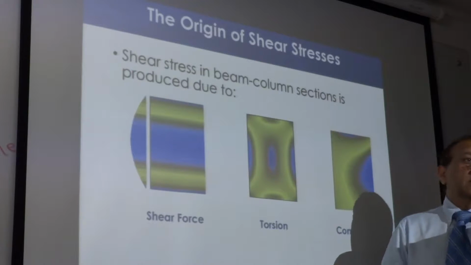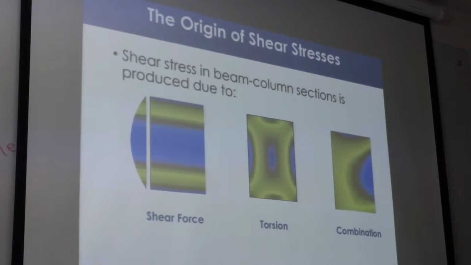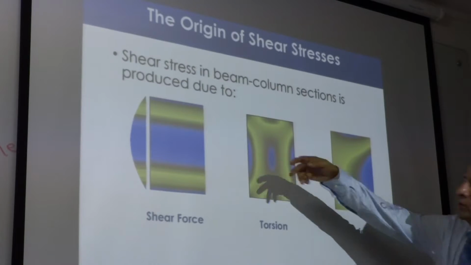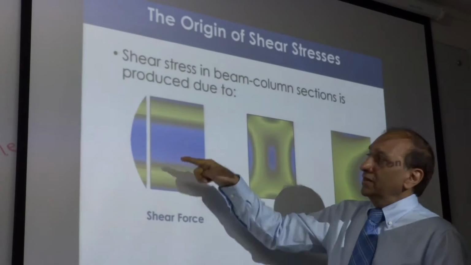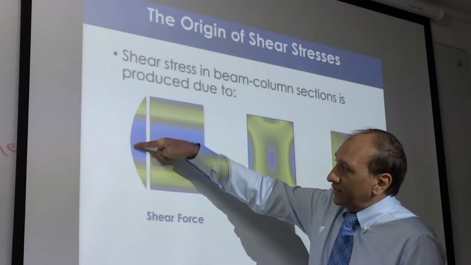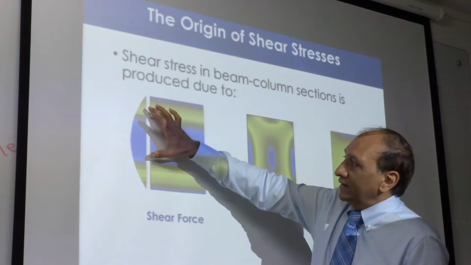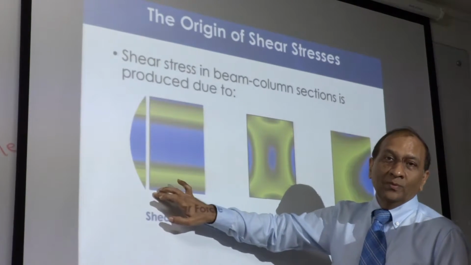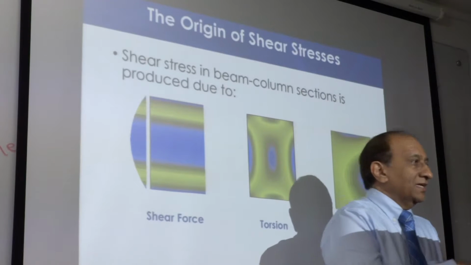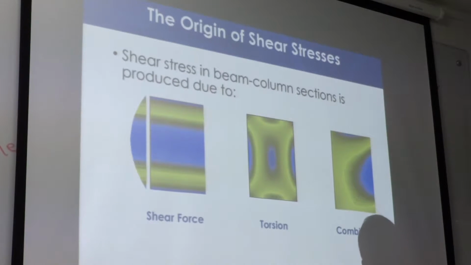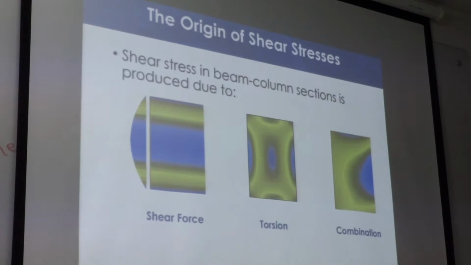So shear is what we do when we cut something exactly at a section, at a plane, without causing any other stresses. If you apply pure shear and try to cut the section like this, it will develop stresses in this manner. Stress will be 0 here, maximum in the middle, and then go back to 0 here. That means the section's resistance to shear will come from the middle of the section, not at the top, not at the bottom.